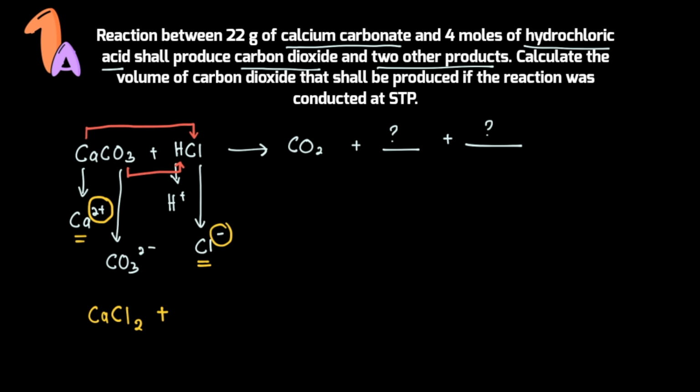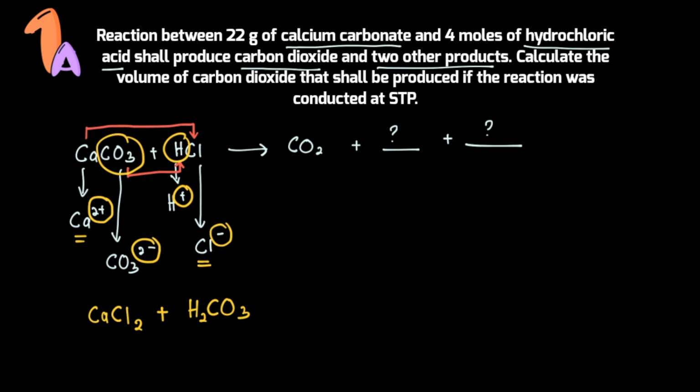And then the other part is CO3 and also the H. So we are going to write the positive one first. So you have H and then you have the CO3. Your CO3 is 2 minus and your hydrogen is just plus. So it means that you need to have 2 over here. But in the question, it states that one of the products is carbon dioxide.